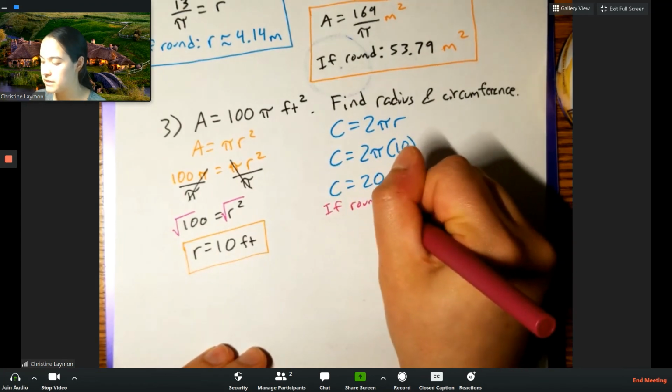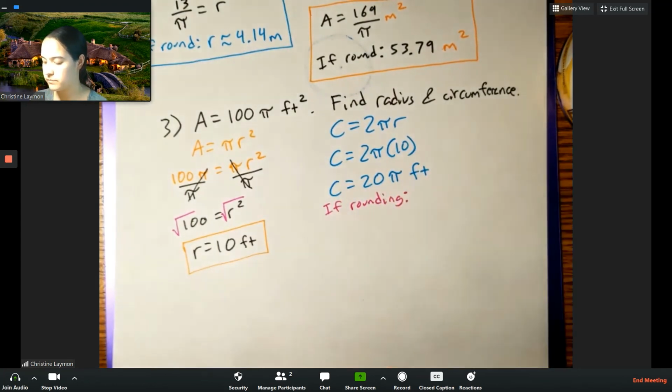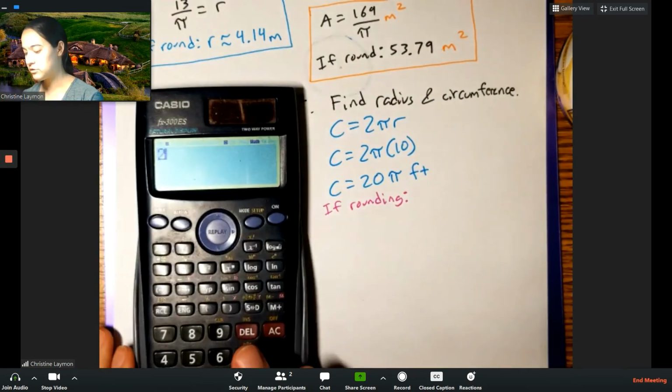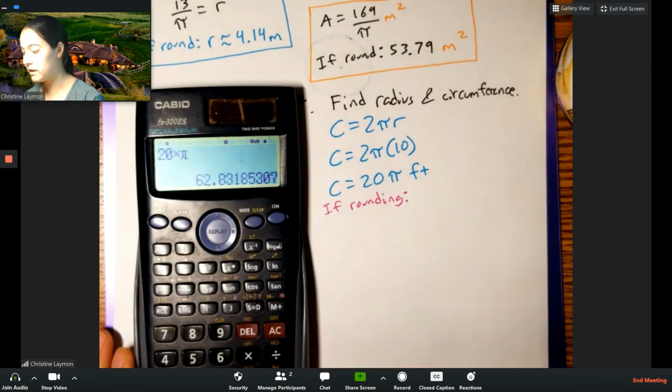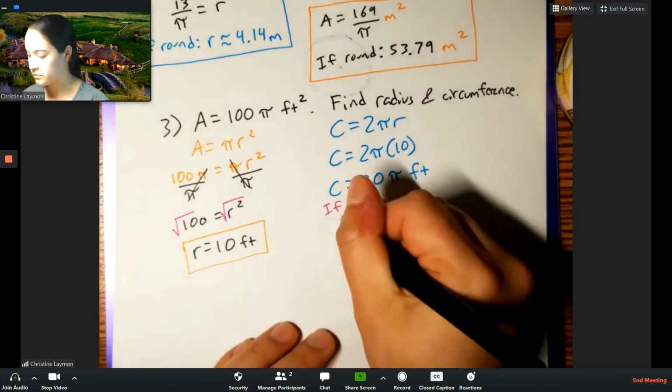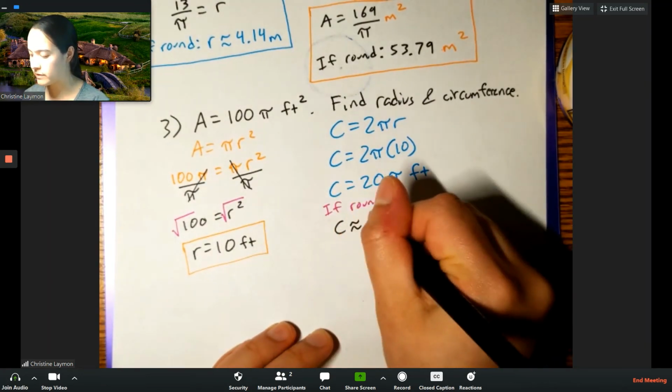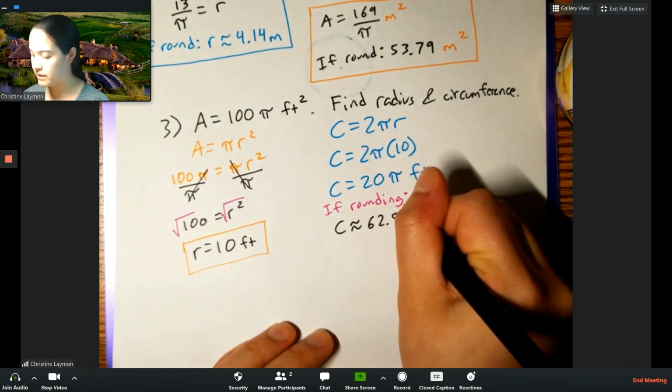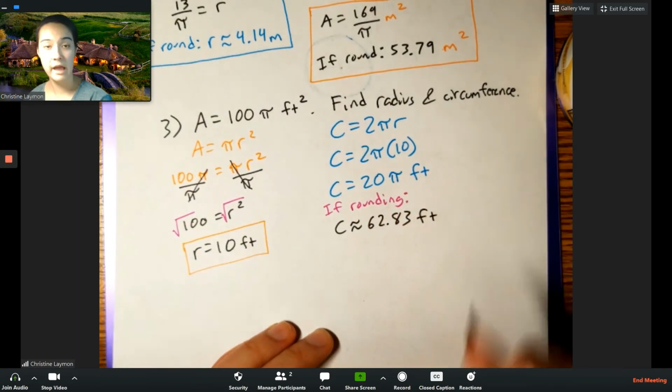If rounding, let's go ahead and type that in. 20 times pi will be 62.83. So C would be approximately 62.83 feet.